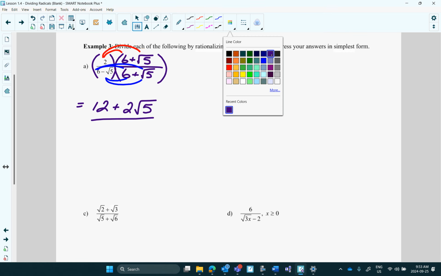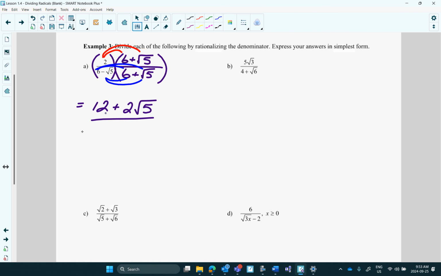And when we do that, 6 times 6 is 36, plus 6 times root 5, 6 root 5, minus root 5 times 6, minus 6 root 5, and minus root 5 times plus root 5. Right, it's minus root 25, which is just 5.